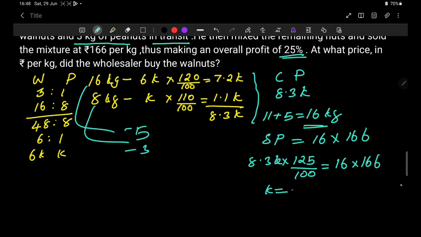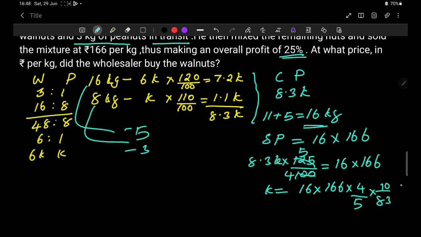Therefore, k is equal to, cancel this by 25, we get 5 by 4. 8.3 is equal to 83 by 10. Therefore, k is equal to 16 into 166 into 4 by 5 into 1 by 83 and into 10.